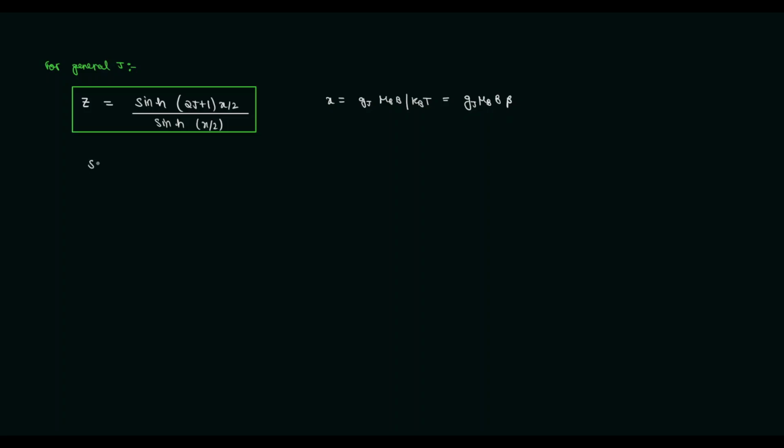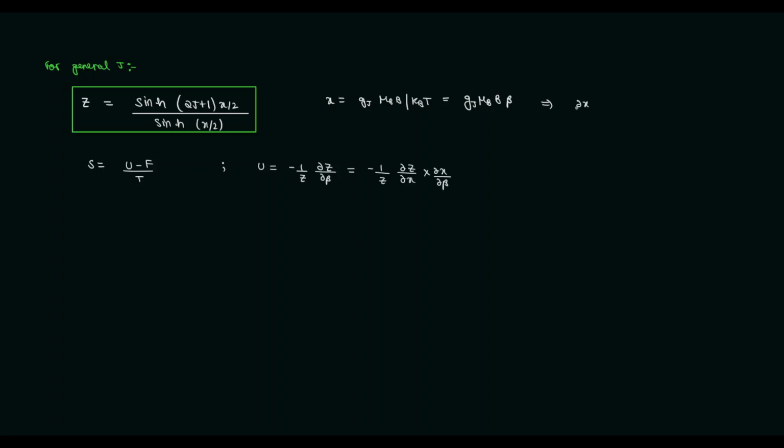Also the entropy of the system is given by (U minus F) divided by T, where U is the internal energy and is given by minus 1 divided by Z times del Z by del beta. We can write this in terms of x as 1 divided by Z, then del Z by del x times del x by del beta.